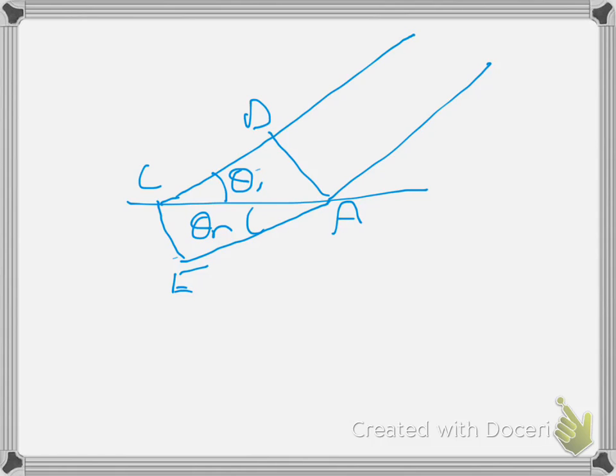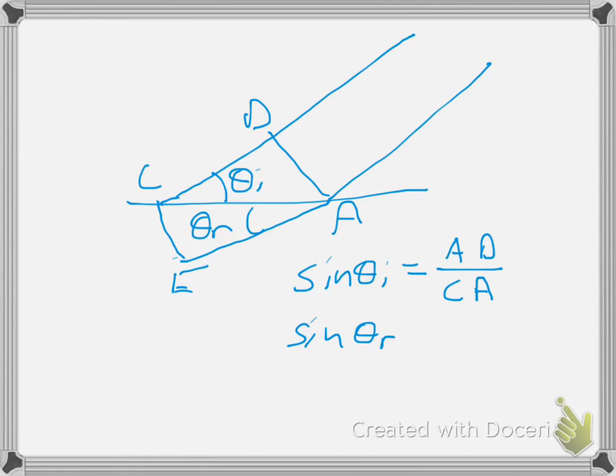With a little bit of trig, sine theta incident is equal to AD over CA, and sine theta refracted is equal to CE over CA.